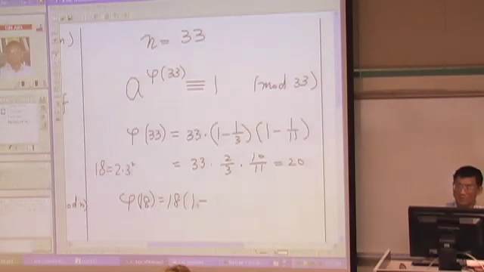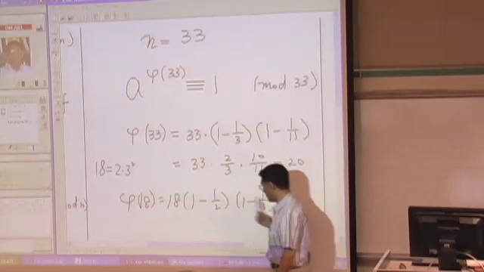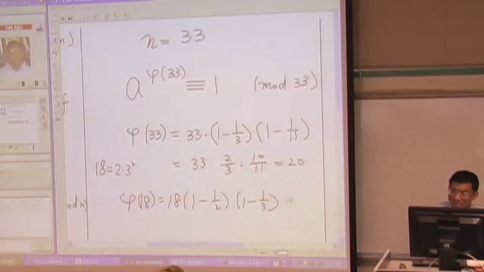So 1 minus 1 over 2, and then 1 minus 1 over 3. If you don't understand this, ask me. I did this calculation, as I mentioned, more than 10 times before. So it is 18 multiplied by 1/2 multiplied by 2/3, and then it is 6, right?